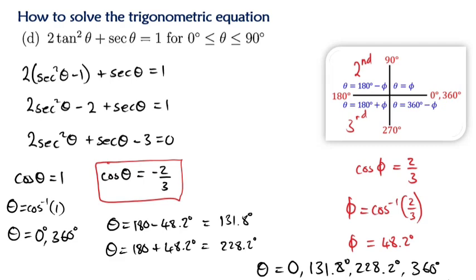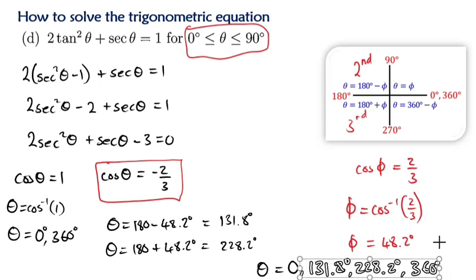But since the range, according to the question, is from 0 to 90, anything that is above 90 must be discarded. This means that we do not need all these solutions. We can just say theta is equal to 0.